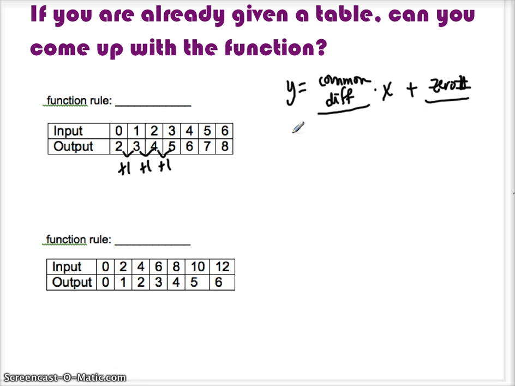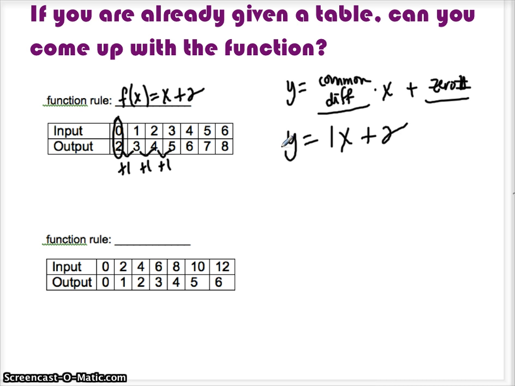So that's our common difference. So we have y equals 1x, or just x. And then our 0 number, that's actually given to us. Input of 0, output of 2, so that's going to be plus 2. So here, f of x equals x plus 2, or 1x if you want to write the 1 in, but you do not need to.